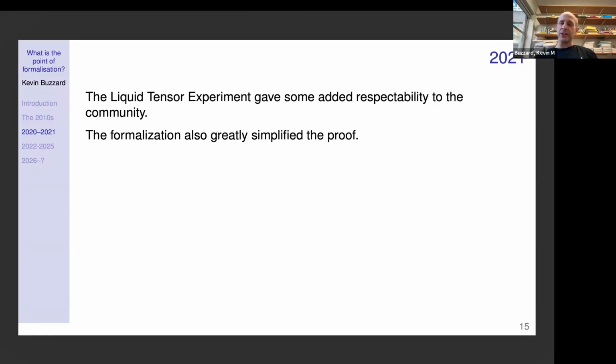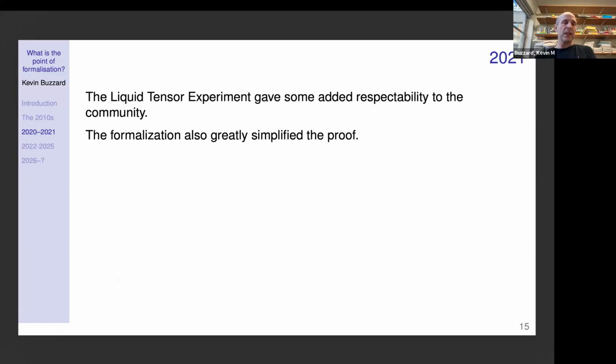But the formalization gave us precisely the statements which they needed from this theory. Then we looked at those statements and thought, can we actually get these statements without formalizing the entire theory of homotopy groups of spheres? And we realized that we could. And we found a much simpler proof of the statements that were needed for the liquid tensor work.